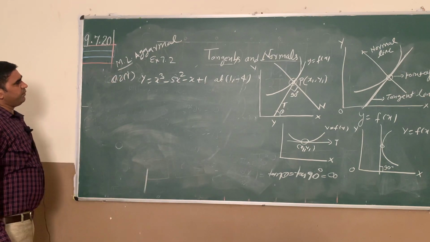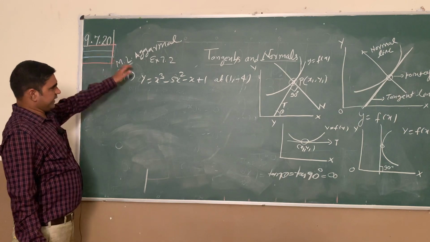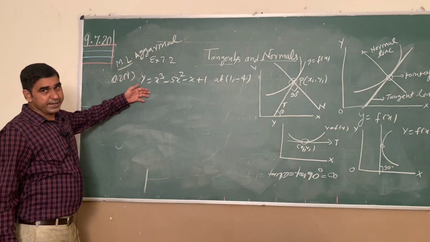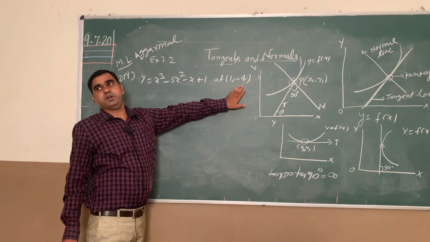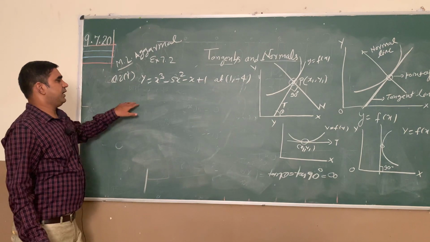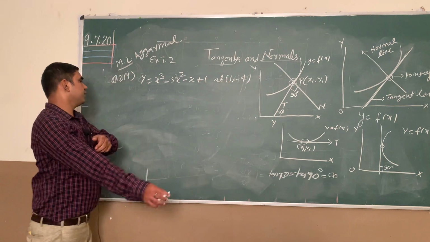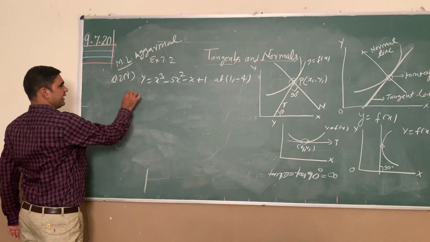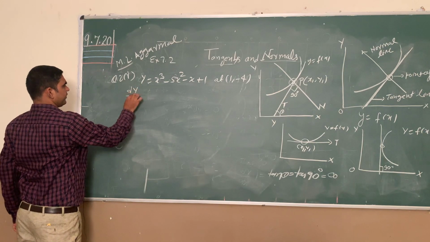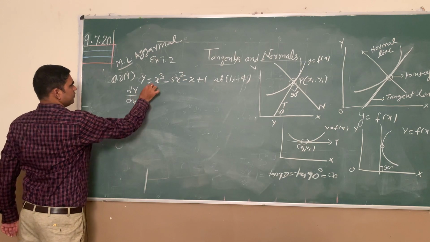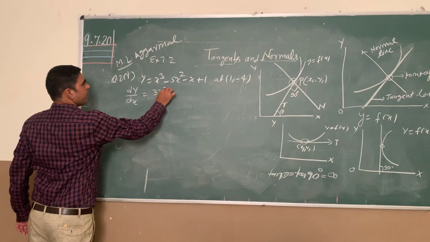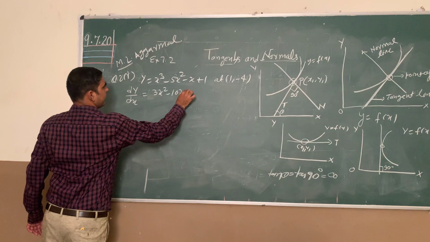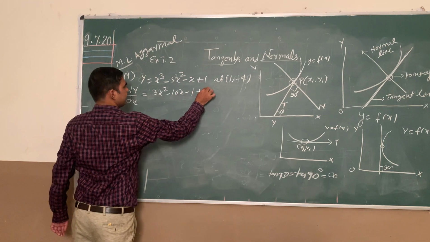First of all we find the slope of the tangent, that means dy by dx at this particular point. Differentiating this curve with respect to x, dy by dx equal to 3x square minus 10x minus 1, and the differentiation of 1 is 0.